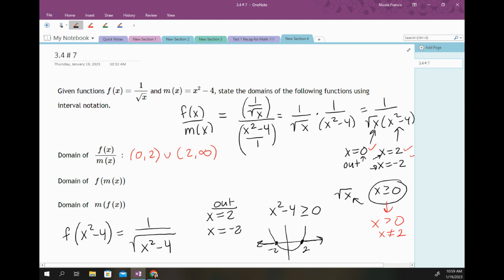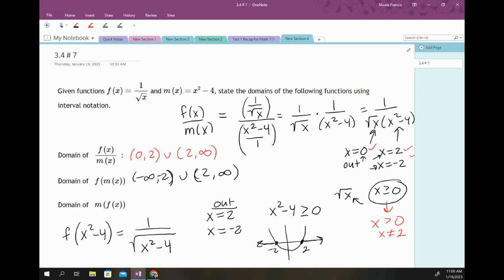So the domain of f of m of x is negative infinity to negative 2, union 2 to infinity. We need it to not be equal to negative 2 or 2, so I use parentheses for those, not square brackets.